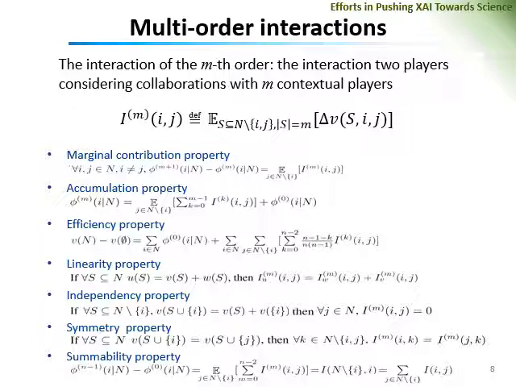The high-order interactions usually describe more complex patterns, and the low-order interactions usually describe the features of some simple context. This equation is the standard definition for multi-order interactions, and this definition satisfies the following 7 properties. These properties ensure the trustworthiness of the interactions.